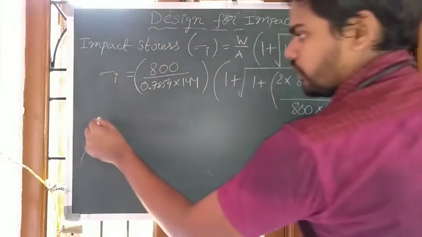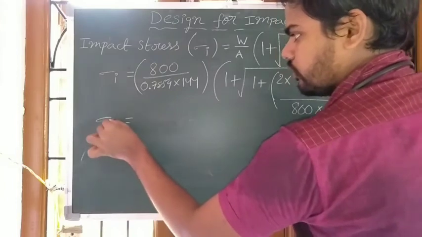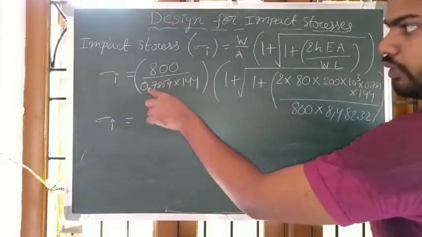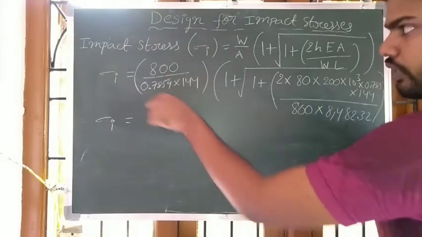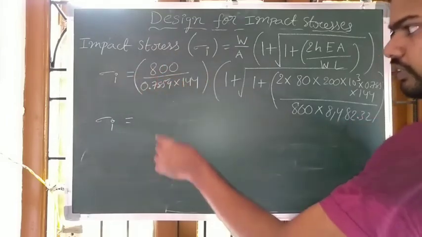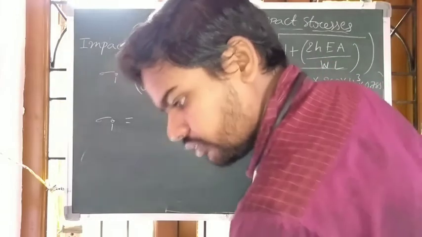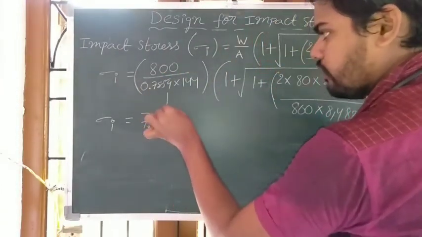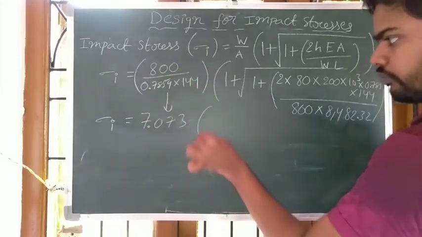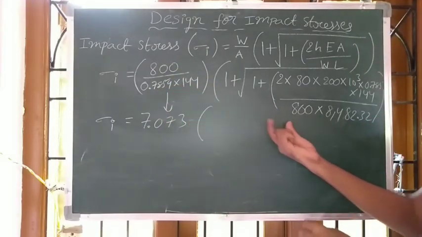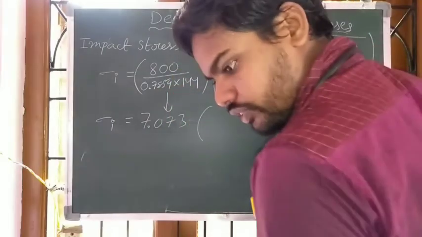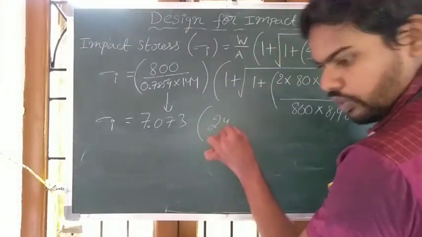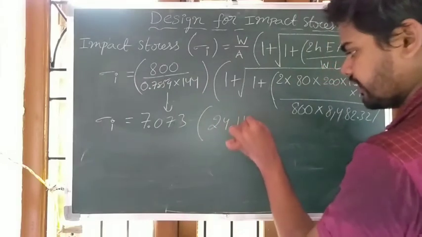Then sigma is equal to 800 divided by 0.7854 into 144. After calculating this term, we get the value 7.073. If you solve the bracket term, you get 24.1156.